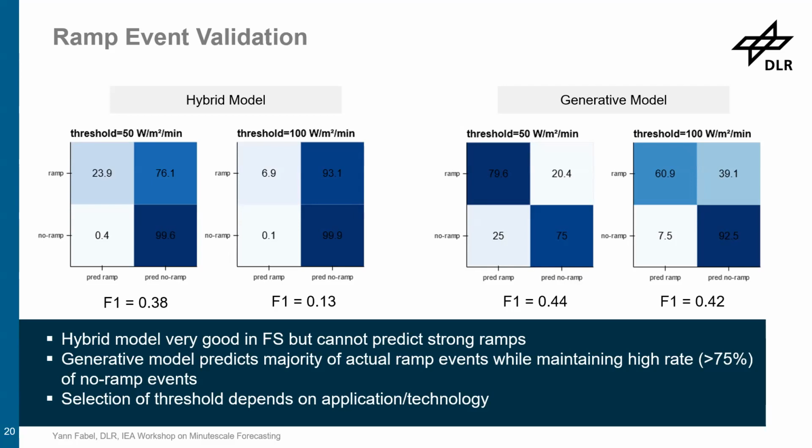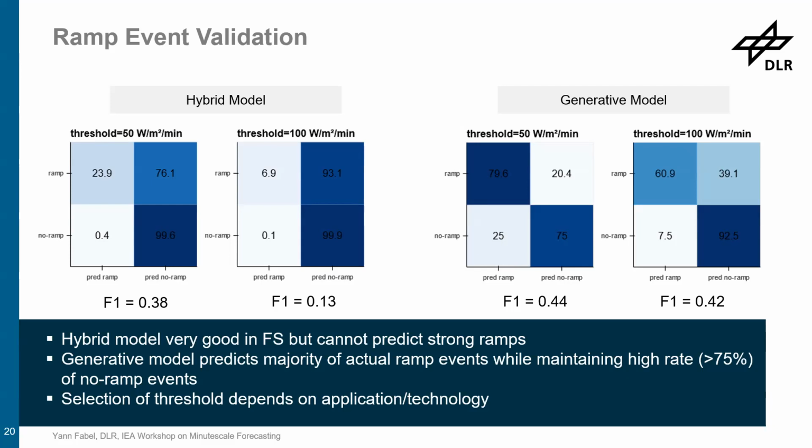On the other hand, the generative model has a quite better distribution. So it's still not perfect, and there are different reasons for that. But we actually improved the potential of detecting ramps quite a lot while maintaining a high rate of also not generating too many false positives.